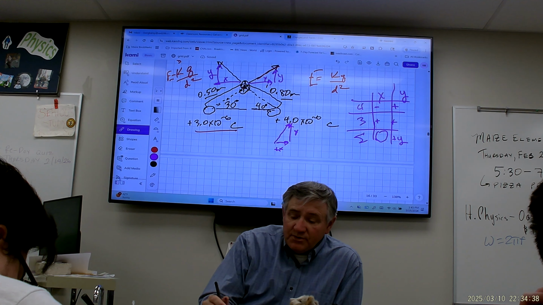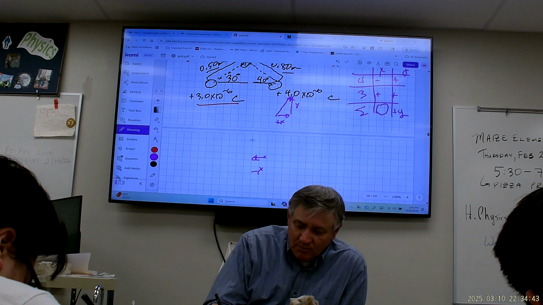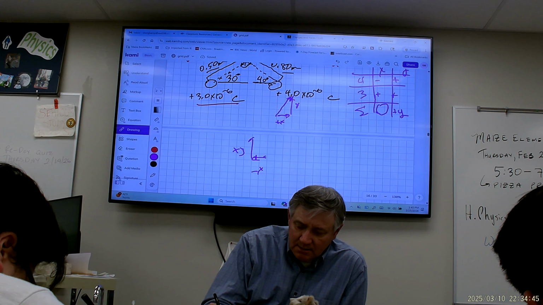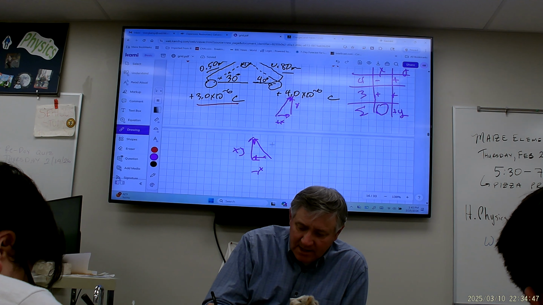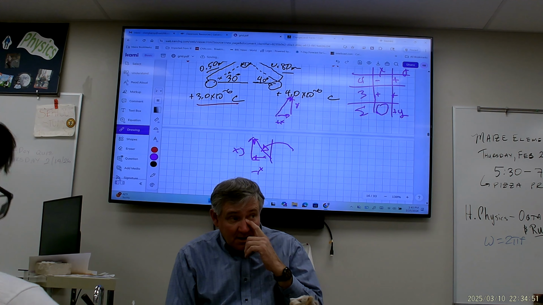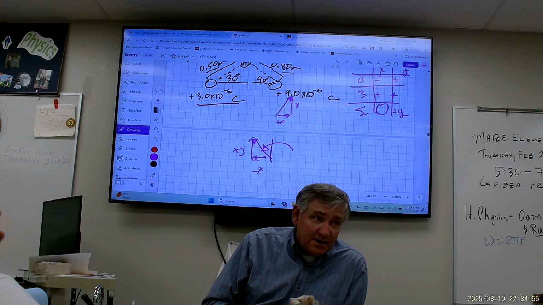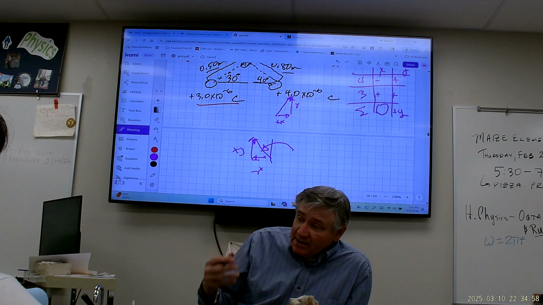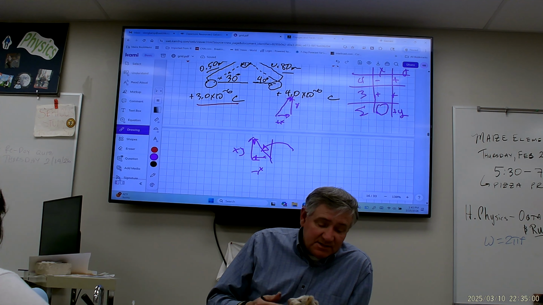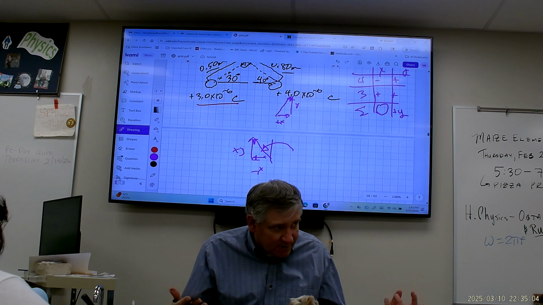The other option is that you have a negative X with a positive Y, and that would produce some angle greater than 90. So there's no shortcut way around it. That's just what you have to do. You've got to break it up into the X and Y components and then find the sum of those values. There's no cute shortcut method.